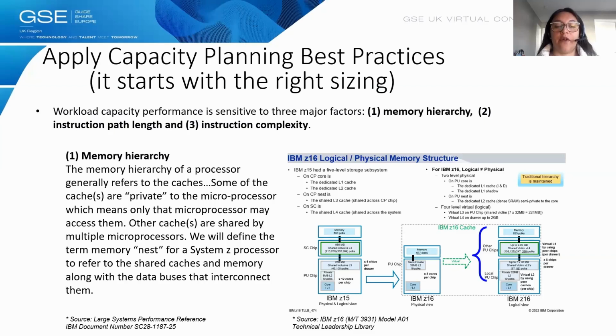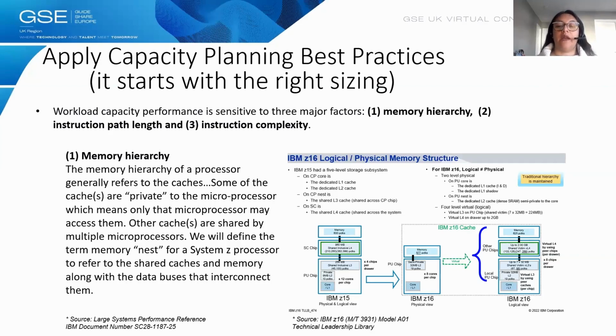And L3, L4 and memory was considered the nest, okay? And on the z16, we have for sure the L1 cache dedicated, and the L2 can be dedicated or semi-dedicated, as mentioned in this slide. It was extracted from the TLLB. On the z16, L3, L4 and memory are the nest.